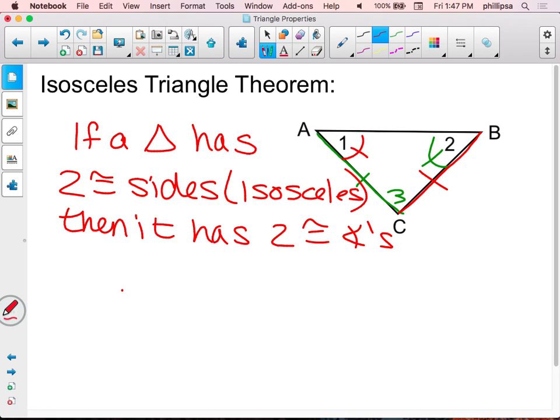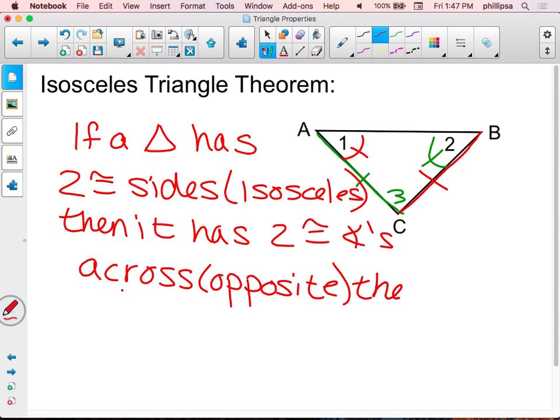So I'm going to say that it has two congruent angles across from the congruent sides. Good?